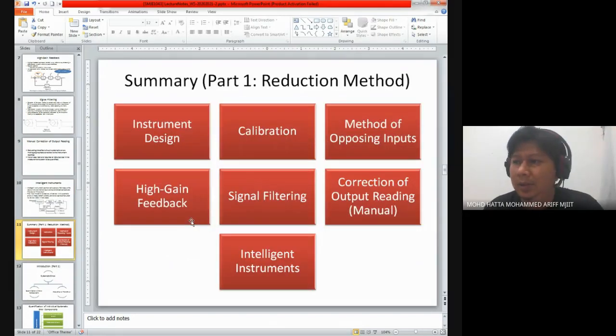Okay, in general, as I mentioned in the previous slide, we have several methods. If you want to know the details, you can have a look at Reza Langari's book. I think in chapter 3, it describes all the reduction methods. Maybe Reza's book is also not enough.